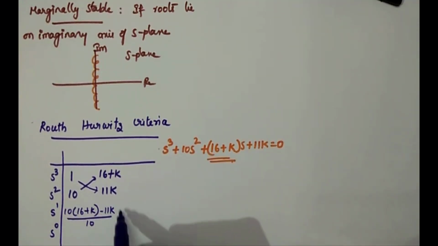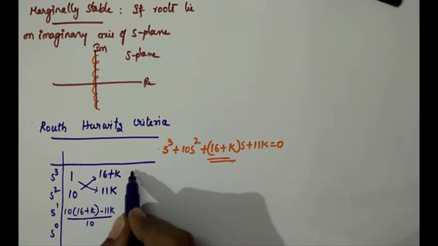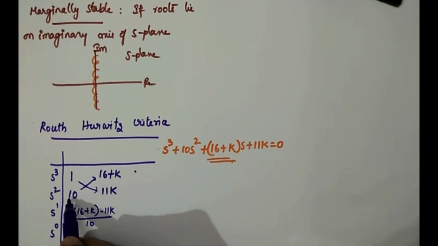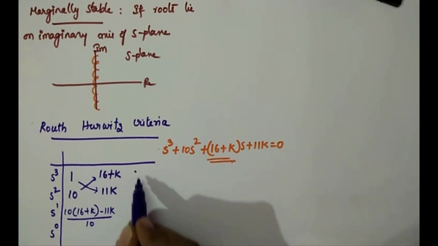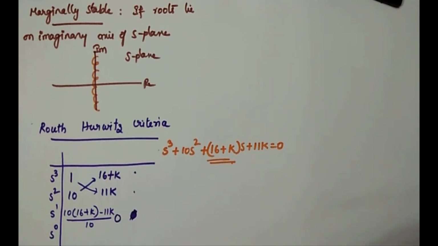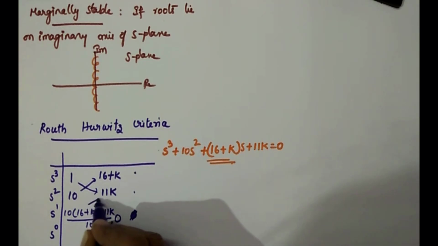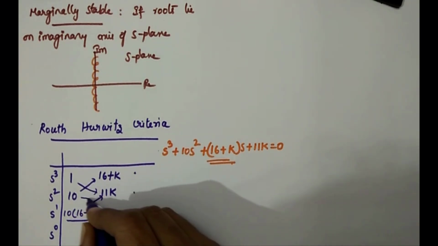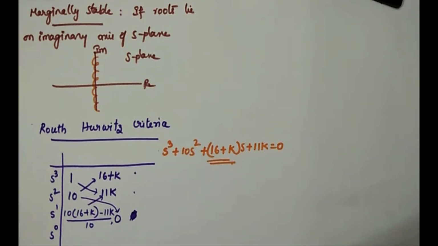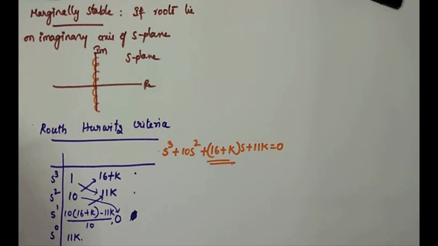For the next term, multiply these two, this one and this one, divided by this. So this into this minus 0, divided by this, you'll get 11K here.